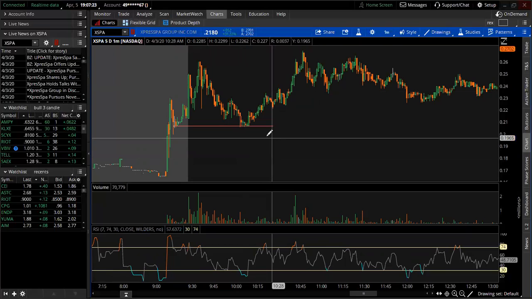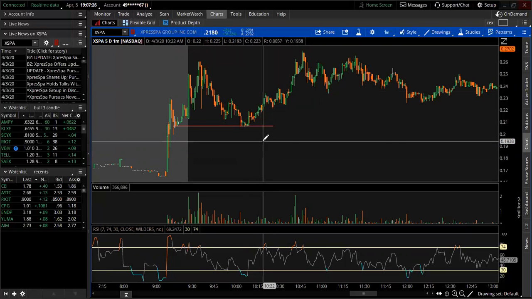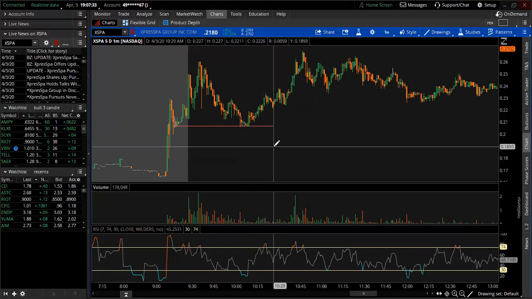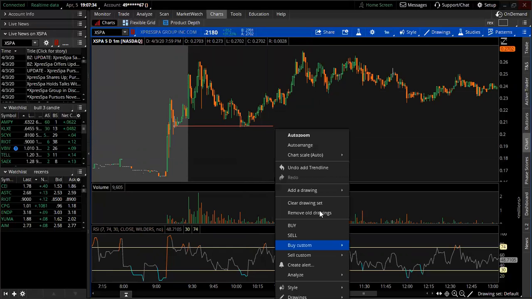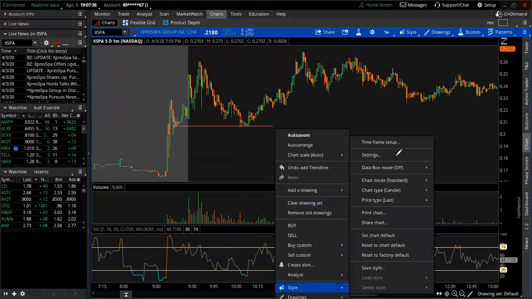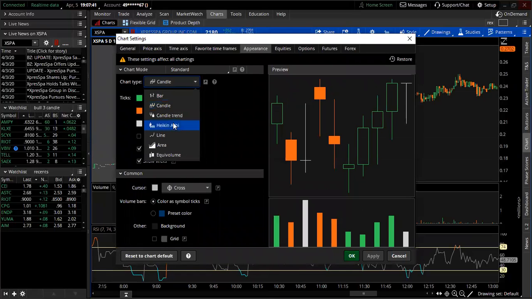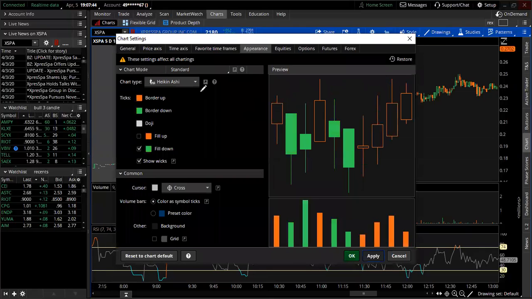All right, here we go. So I know you've been watching how I take screenshots, and I actually use a different type of candlestick. I use the Heiken Ashi candlesticks, and it just makes it a little bit smoother.